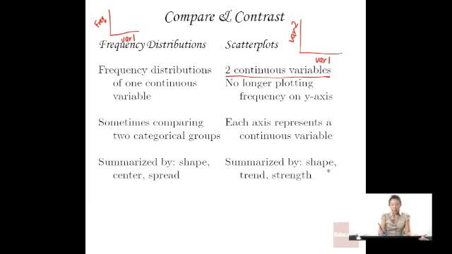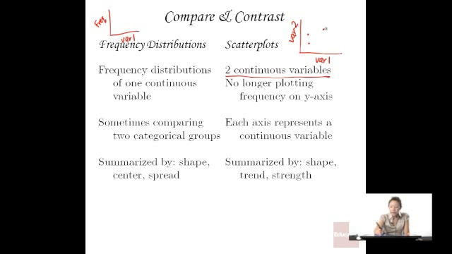And we're summarizing these distributions by shape, trend, and strength. Here it's going to be called a scatterplot because each case is now going to appear as a dot. And each case, for instance, each person on Facebook might have variable 1, number of friends, as well as variable 2, how many photos they've uploaded.